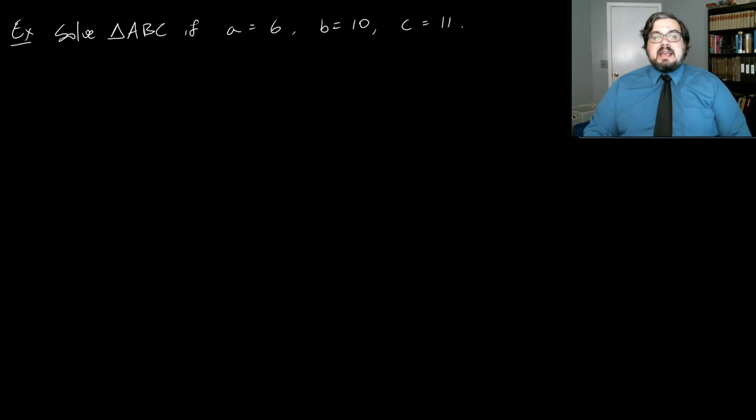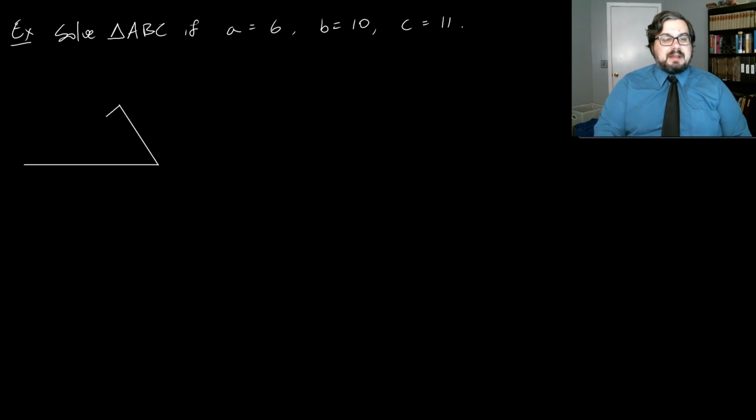So in this case, we're going to start by solving for one of the angles: alpha, beta, or gamma. Let's label this as a equals 6, b equals 10, c equals 11, and then we've got alpha, beta, and gamma, all unknown.